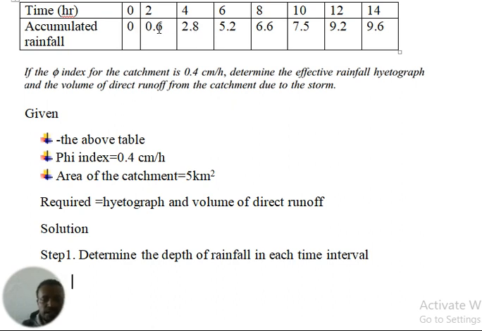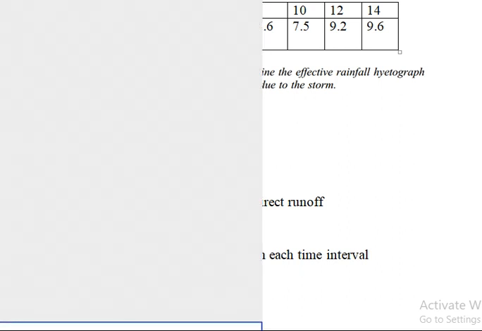For example, 0.6 minus 0, 0.6; 0.8 minus 0.6, like that, we can get the incremental depth of rainfall in change t. In order to simplify our calculation, we should just go to Microsoft Excel.